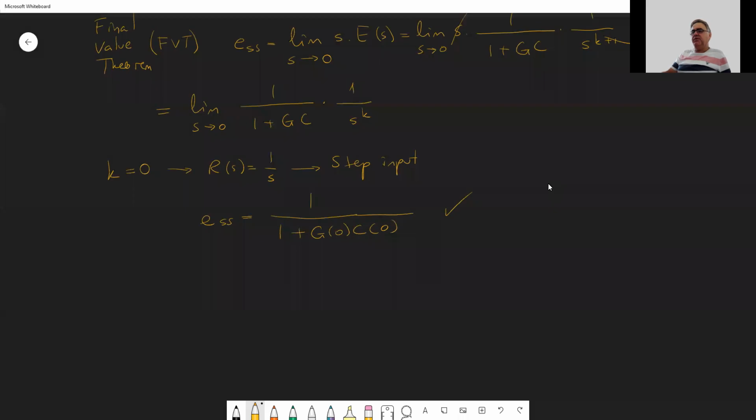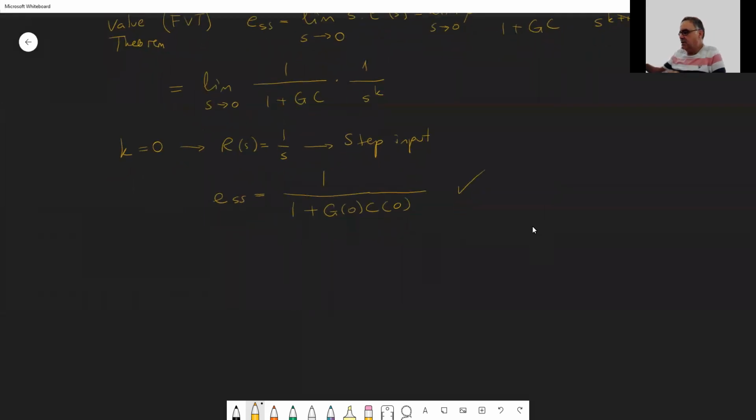What about if you have a ramp input? K equals 1. R of S equals 1 over S squared, right? So the steady state error would be, well, what would that be?